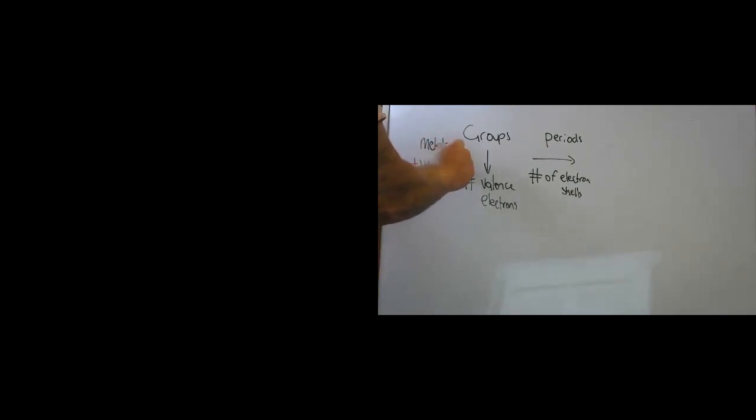On the left-hand side of the periodic table, we have the metals. Metals form positively charged cations. Again, why is this important?